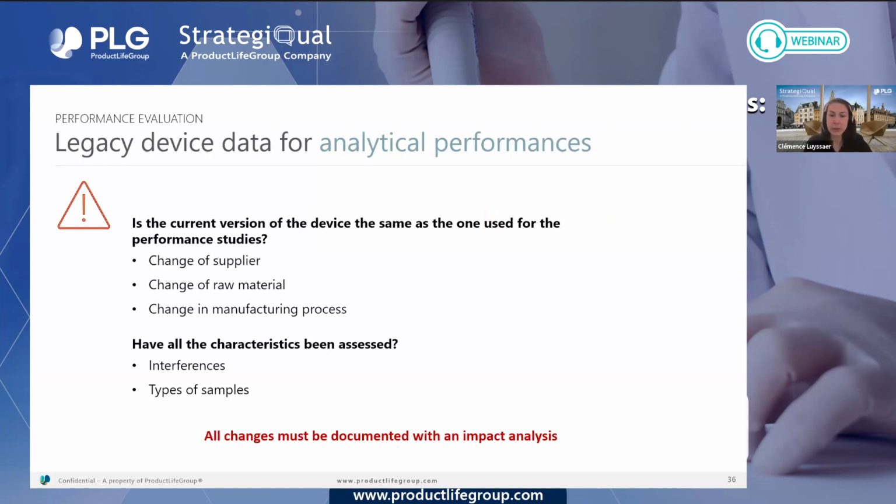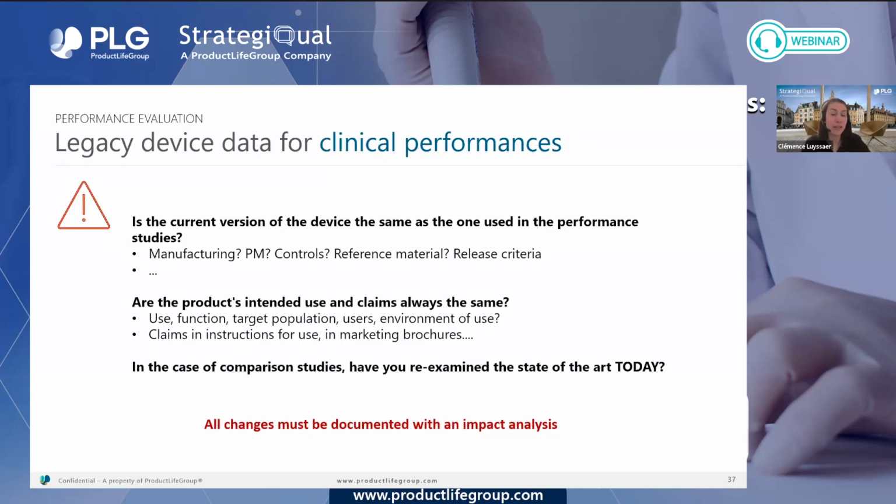Have all the characteristics of the device been evaluated? Interferences, type of sample, any change must be recorded and you must provide proof that these changes have no impact on the results previously obtained. If this is the case, no new study will have to be carried out.